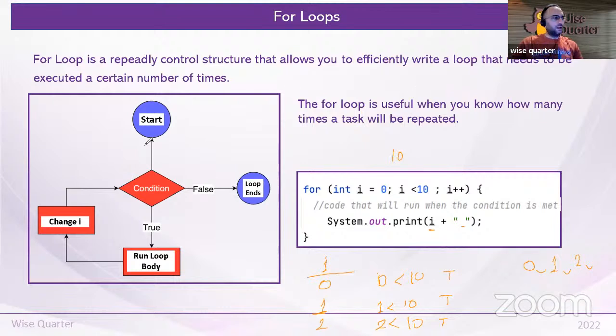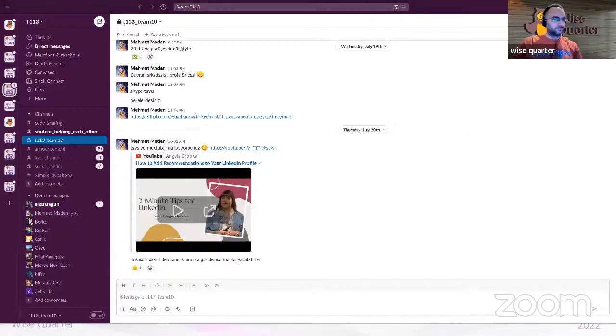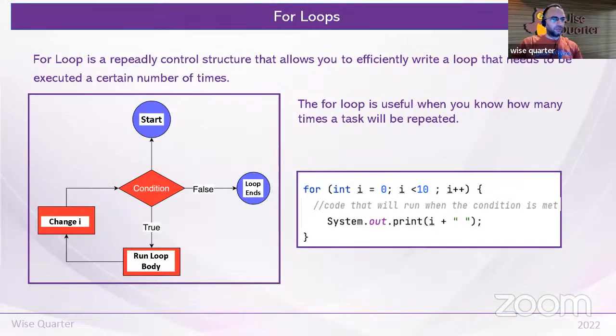Okay, let's do it in coding. I will write the same thing exactly like it is, and we will execute it. If what I am trying to explain is correct, it will work as I told you.